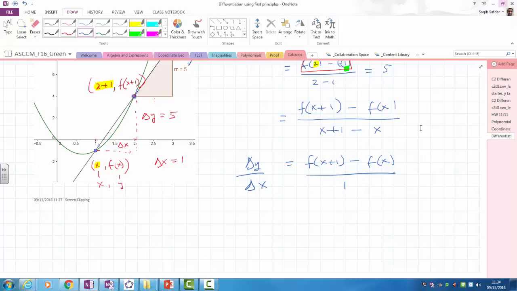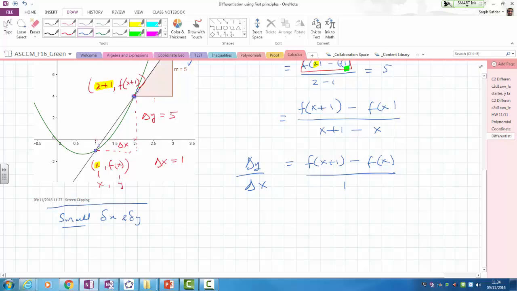If you've got a really small amount, we can now use this notation. So for small amounts, infinitesimally small, we can use change in x and change in y. That means a very small change. We use delta x and delta y.